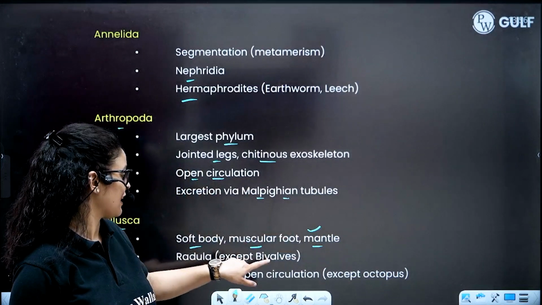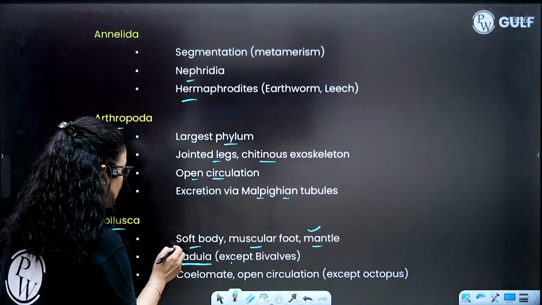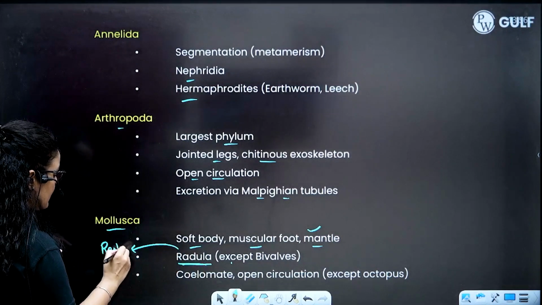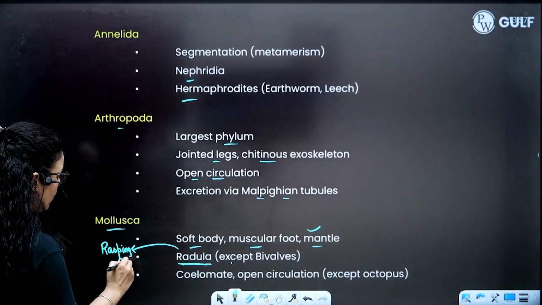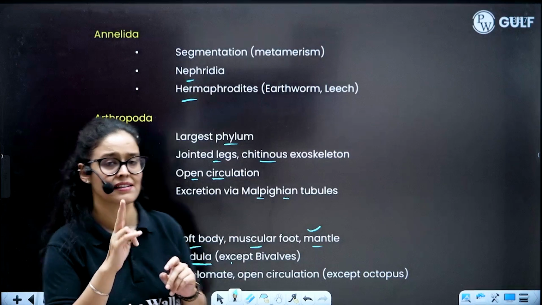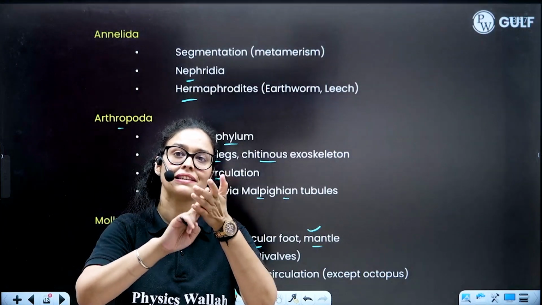Radula, except in bivalves. They have the radula, a rasping organ. So you will find maximum questions from this, right? Rasping means scratching. It is a rasping organ in their mouth, tongue-like or having chitinous teeth over it, scratching the food.